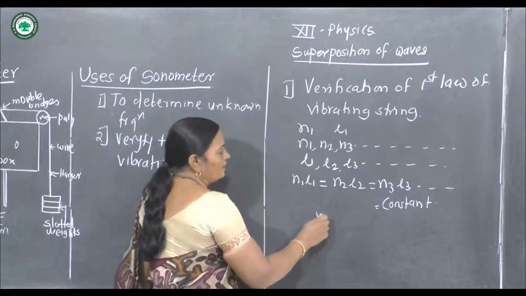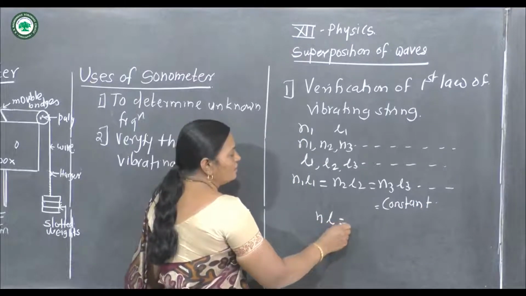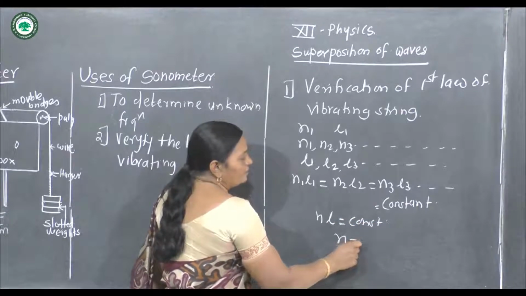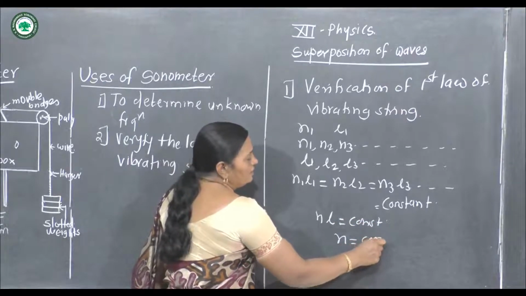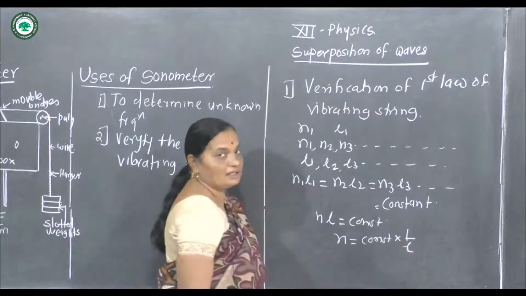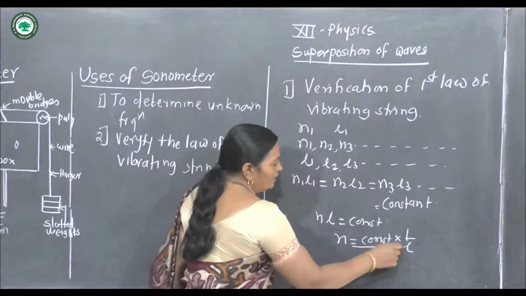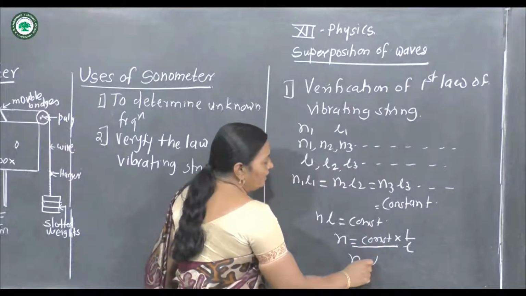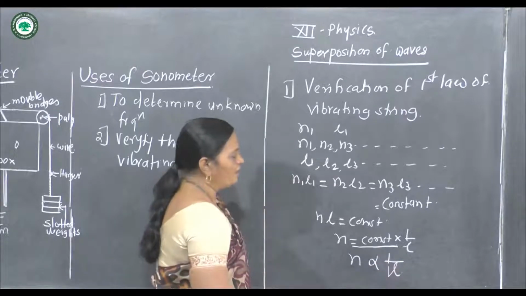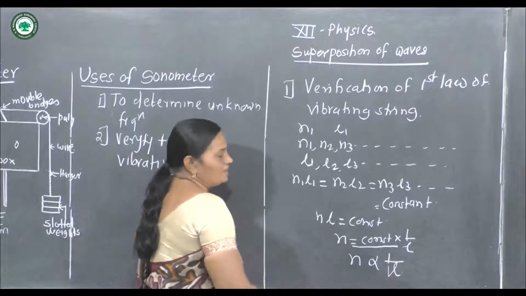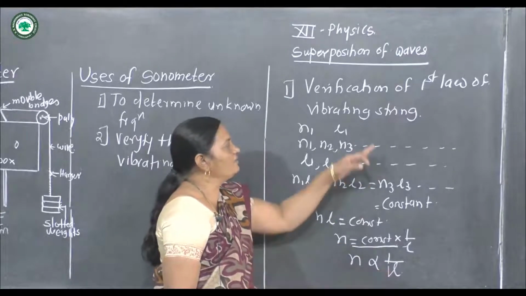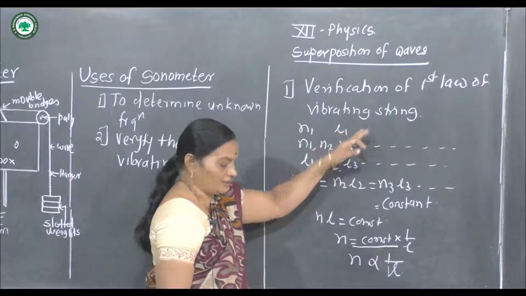Therefore, N L is equal to constant. Then N is equal to constant multiplied by 1 upon L. We can write N is inversely proportional to L, that is, fundamental frequency is inversely proportional to vibrating length. This is the first law of vibrating string.